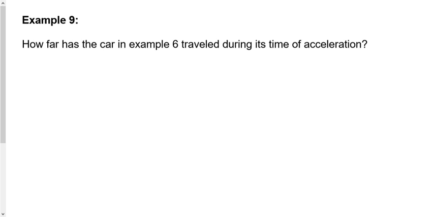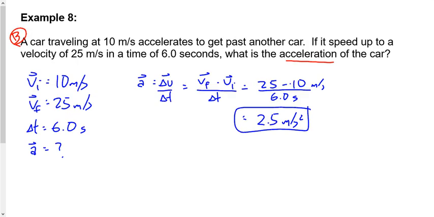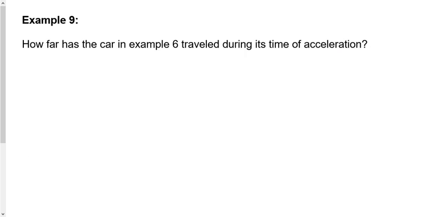Let's try number 9. This one says, how far has the car in example 8 traveled during its time of acceleration? We still have all the givens that we had in the last question. VI, VF, T, and now we have A as well. We want to know how far it travels. Let's try this one.